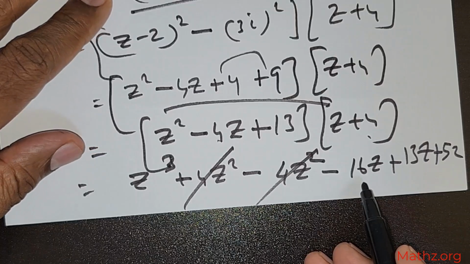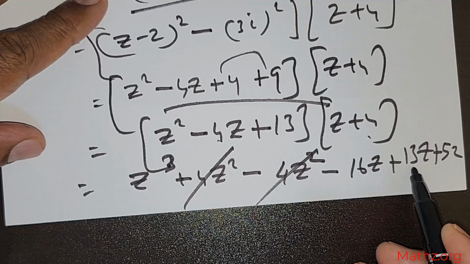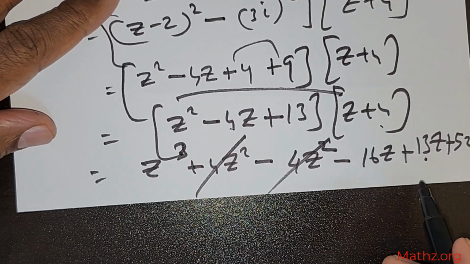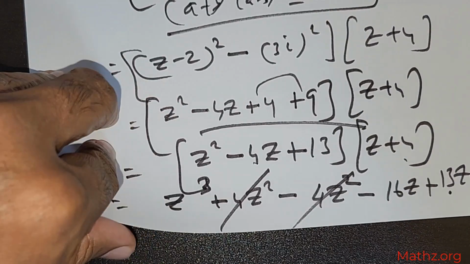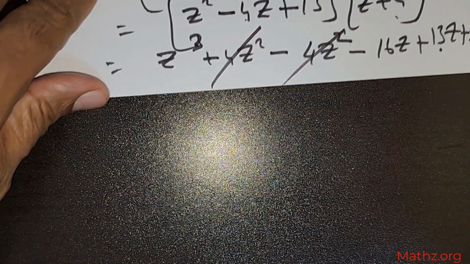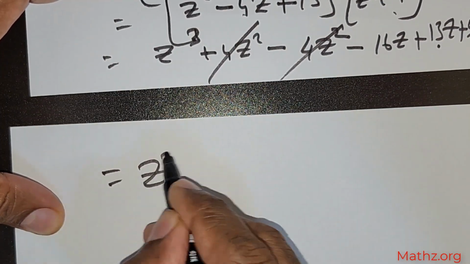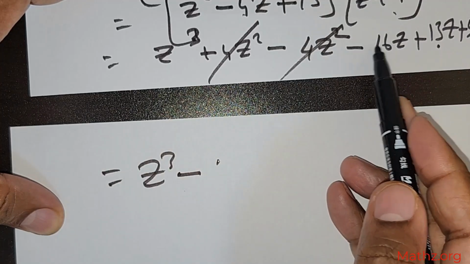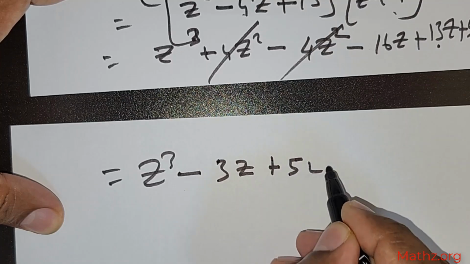So you got negative 16z, and that has to be added with positive 13z, which gives you negative 3z. So this is equal to z cubed minus 3z plus 52.